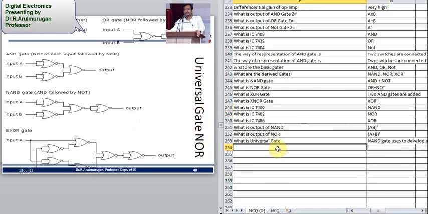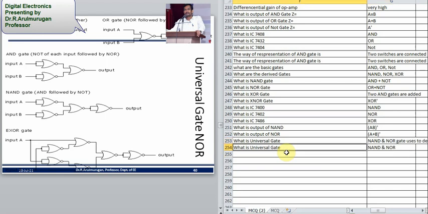So what is a universal gate? You can say the NAND gate and the NOR gate are used to develop any gate.